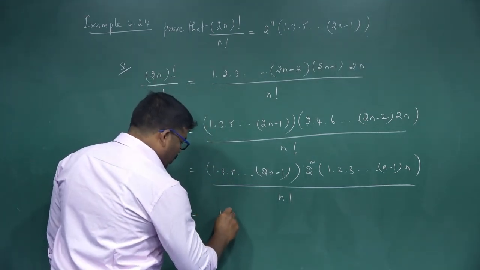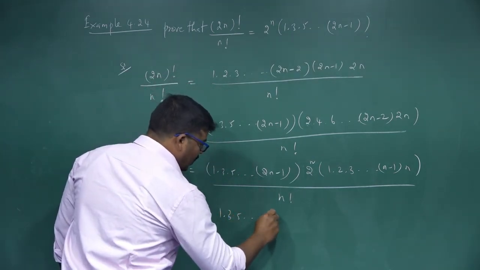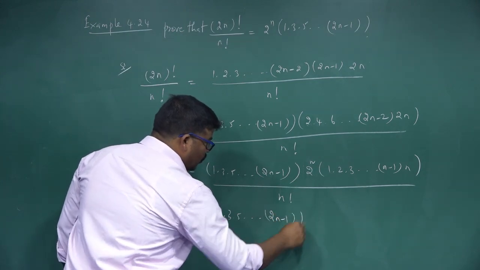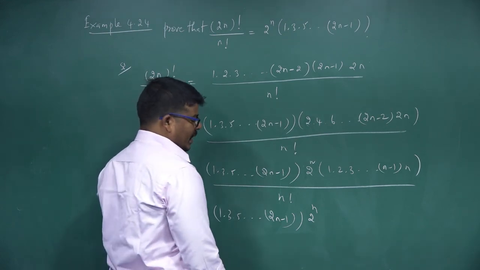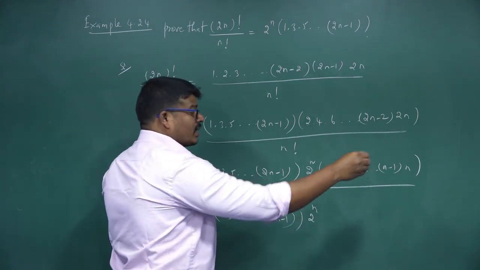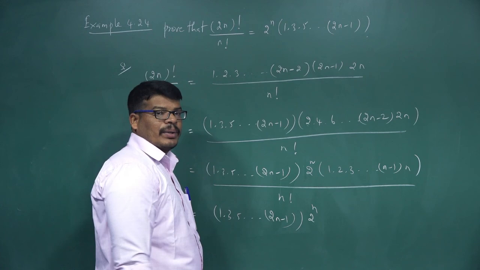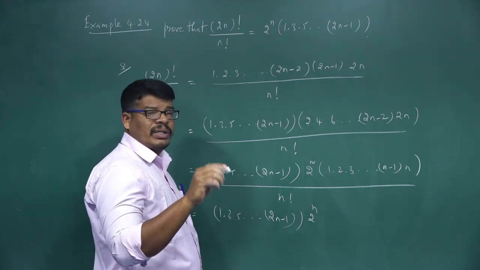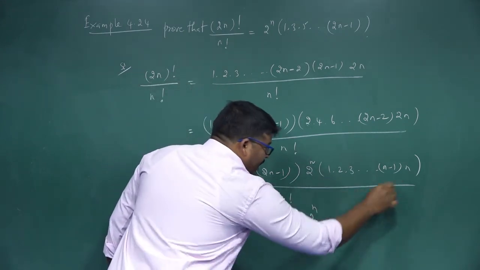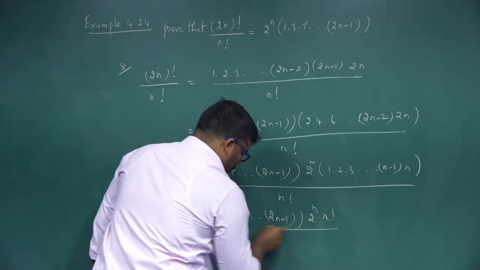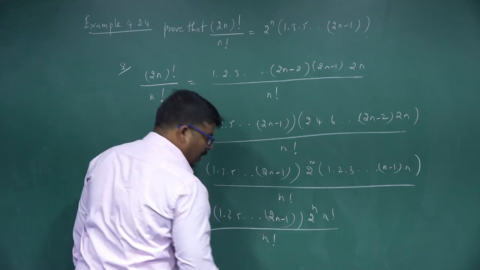The next one, 1 into 3 into 5 and so on up to 2n minus 1, into 2 power n, into 1 into 2 into 3 and so on up to n minus 1 into n, which is n factorial, divided by n factorial.